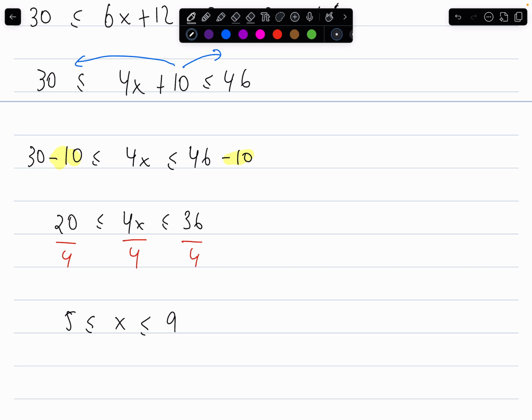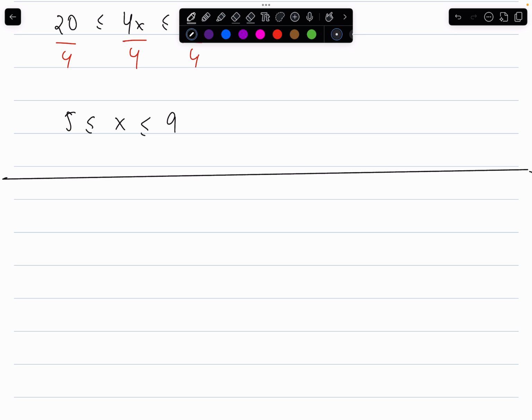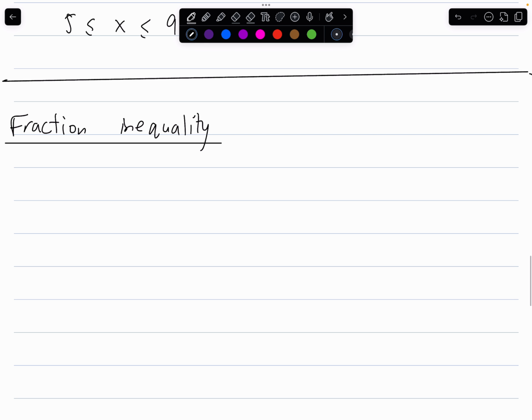Let's try another question. What if we have a fraction inequality? Okay? So let's try another type of question. You may get these fraction inequalities. So let's say I have (x plus 4) over 2 is greater than or equal to (x minus 2) over 4.